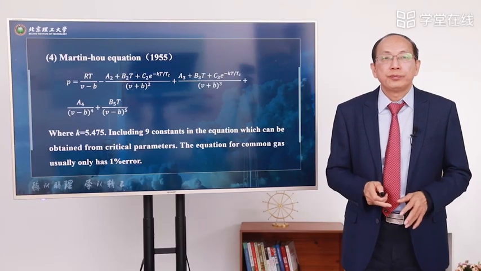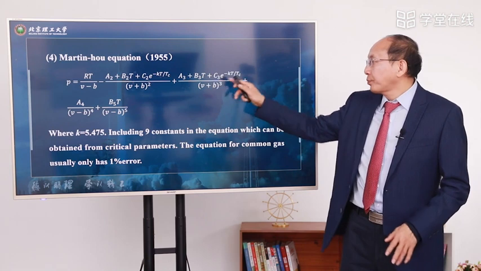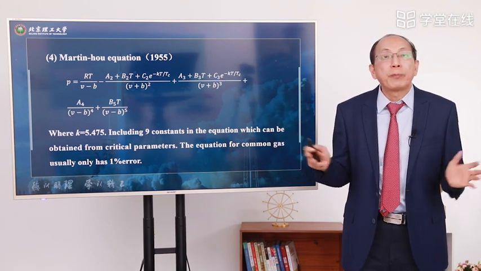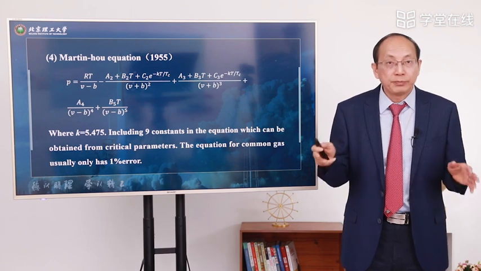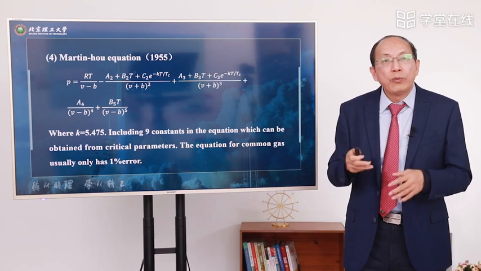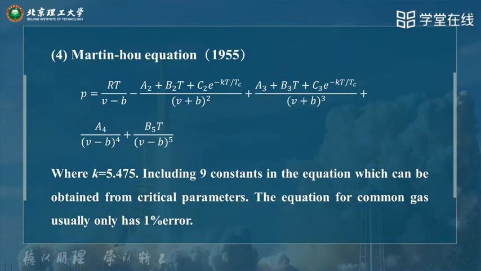The Martin-Hou equation also is very complex, with many terms, where K equals 5.475. This equation includes 9 constants.